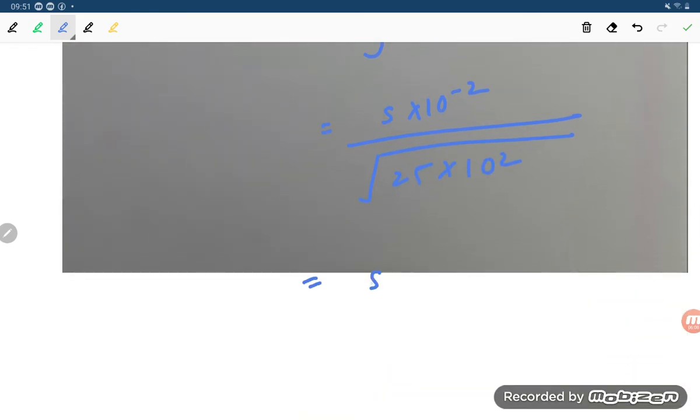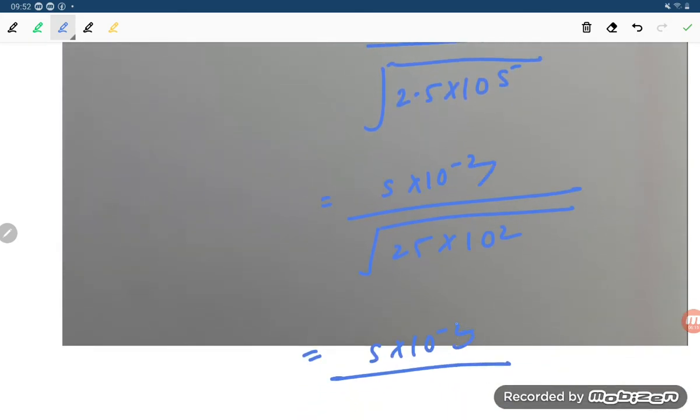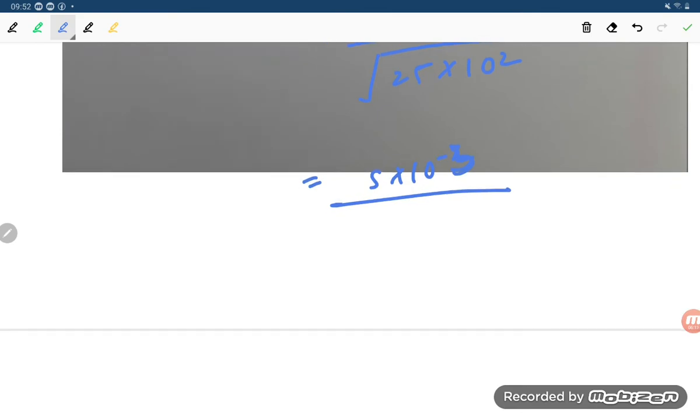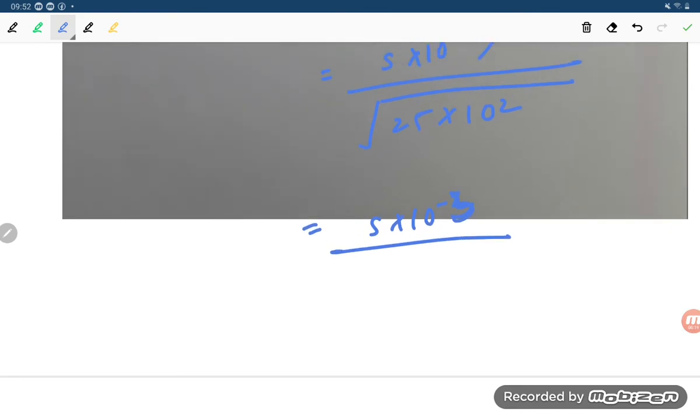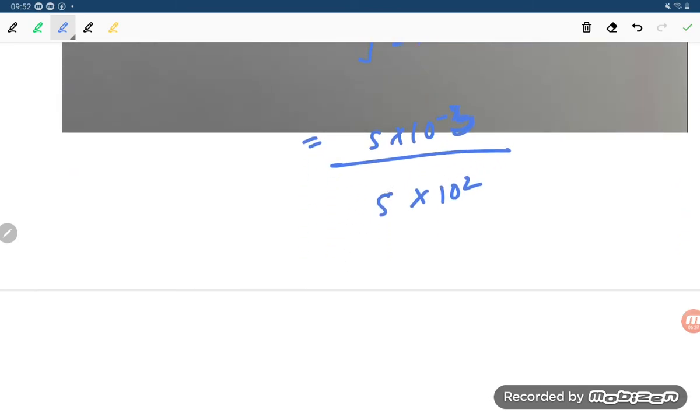So this cancels out, and that is 1 into 10 power minus 5.